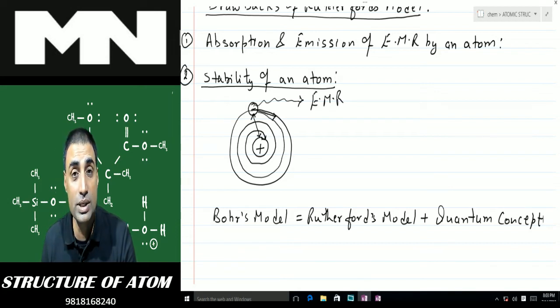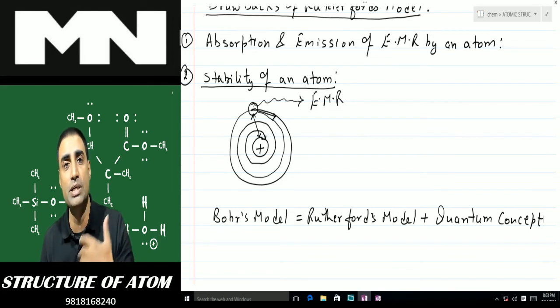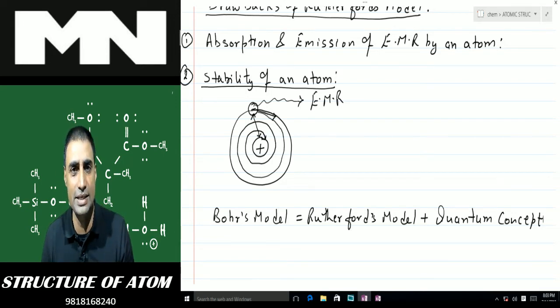Well, according to the quantum concept, the absorption and emission of energy by an atom is not continuous. It is actually quantized. An atom or any body cannot simply absorb energy in any multiples and re-emit energy in any value. It's not like that.